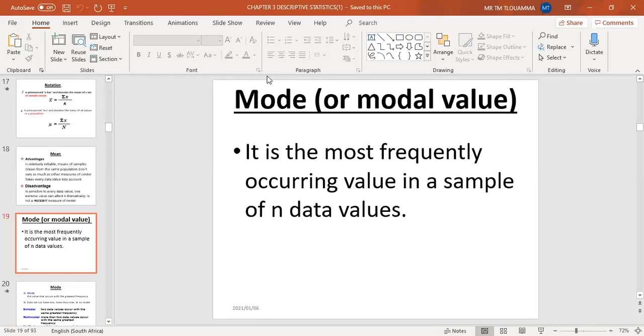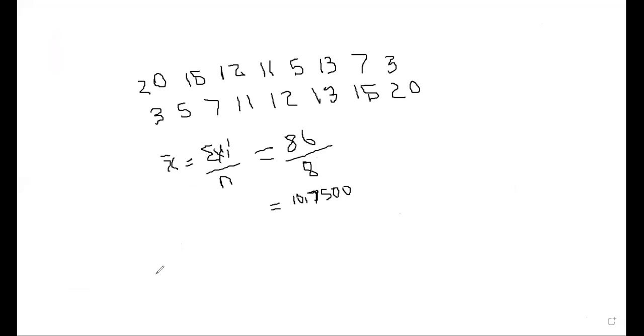So we are just going to go and look at our data. Look here, we were calculating the mean. Here we were calculating the mean, right?